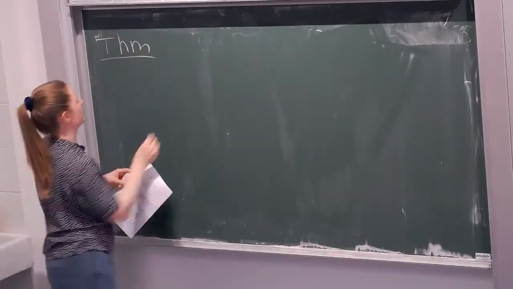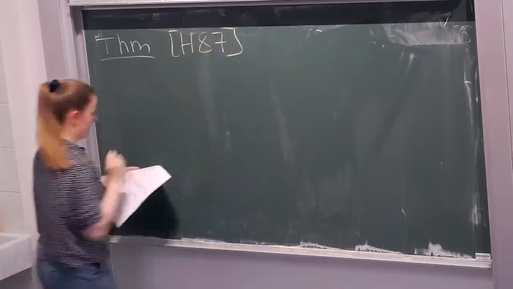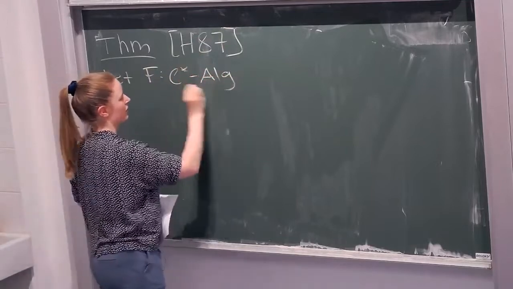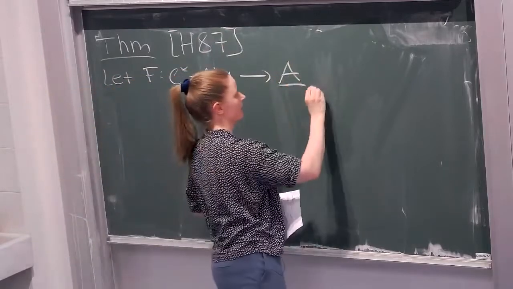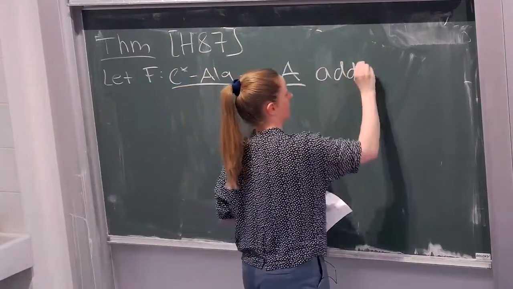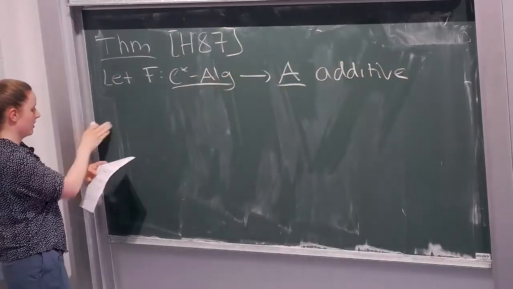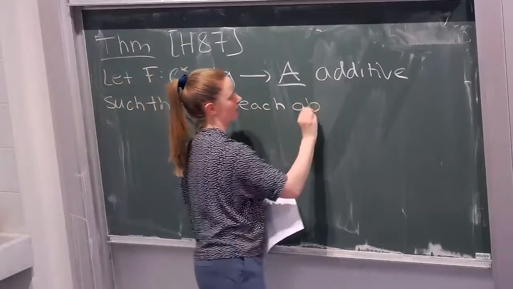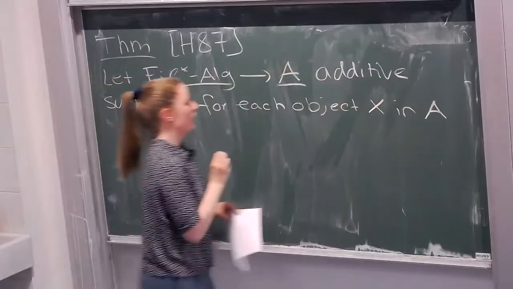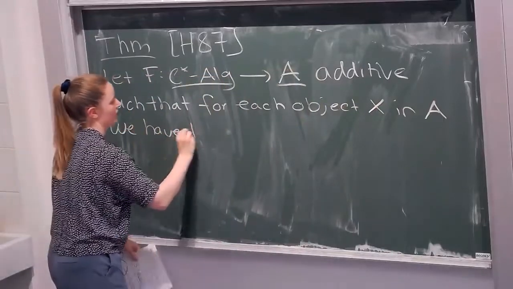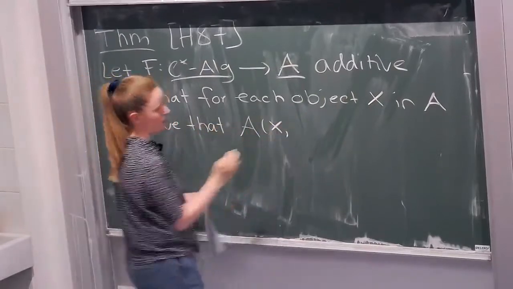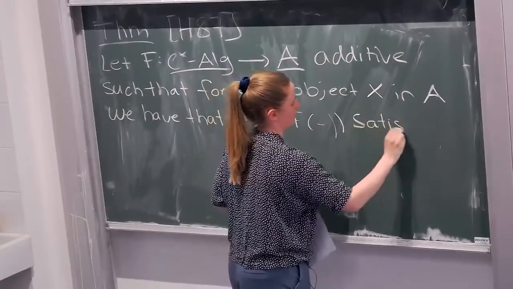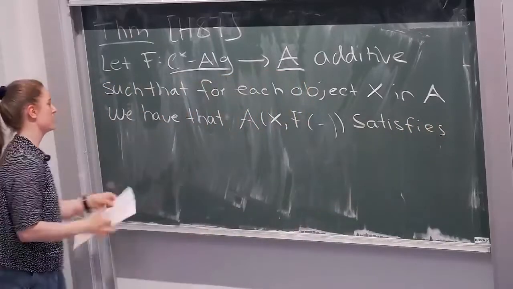Now I can state what Higson proved. So let F be a functor between these two categories, and again this is an additive category, just the setting as before, such that for each object X in A, we have that A of X satisfies precisely conditions 1 to 3.